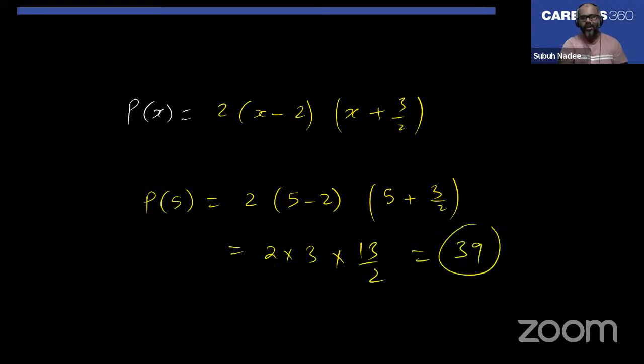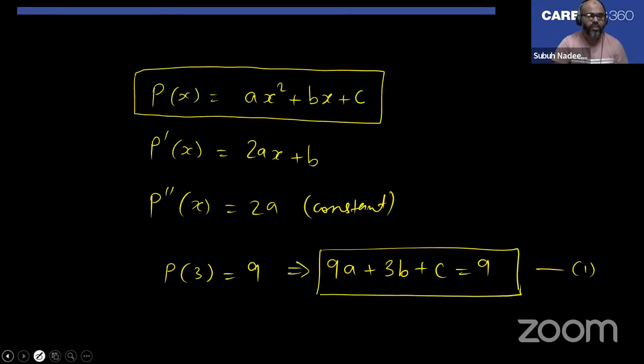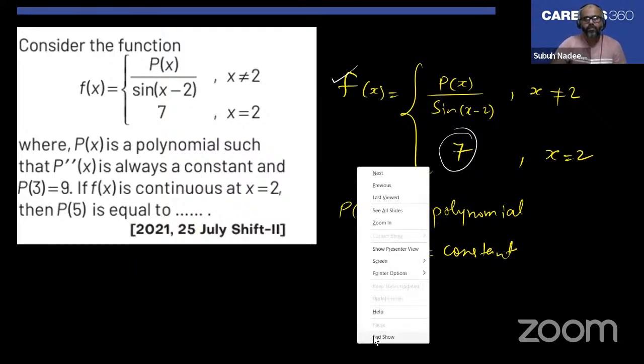This will be 39. So what is the answer we are getting? We are getting 39 as the answer. And this is a numerical based question, so option is not there. Answer should be an integer. So it is 39. Answer would be 39. Okay, let us come to the next question.